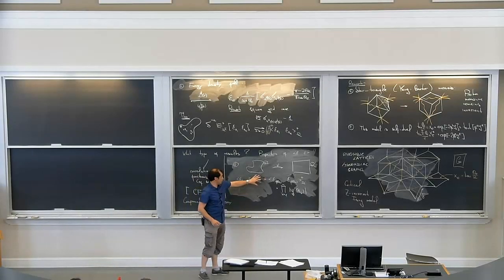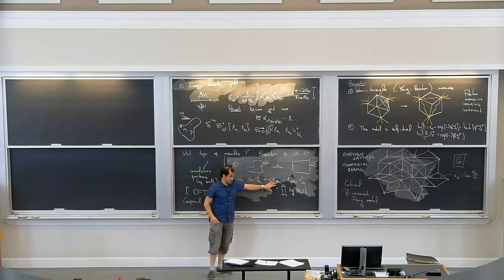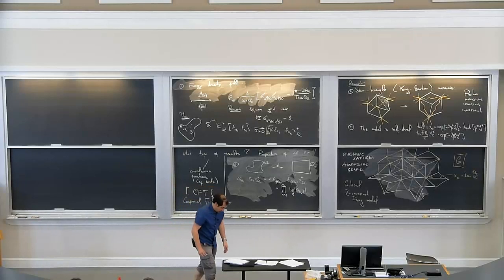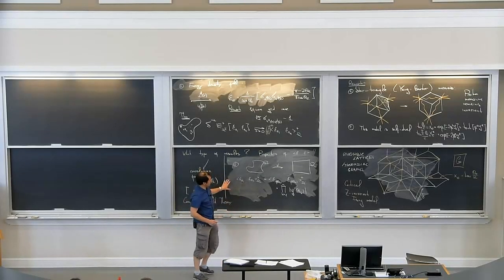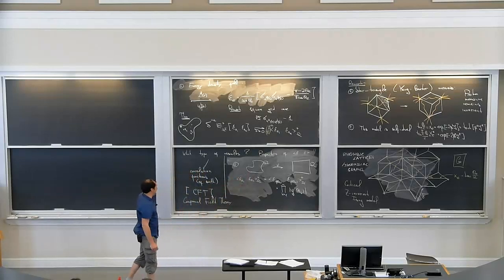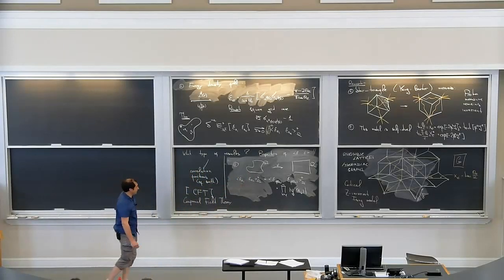Now you can still wonder what the precise form of this function is, and the answer is as follows. As I already said, it is conformally covariant, so to give an answer I should specify it in one particular domain. The standard example is just the upper half plane.